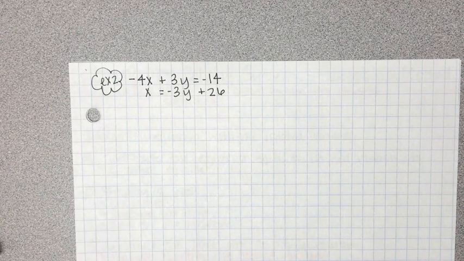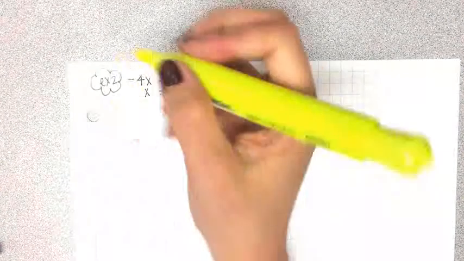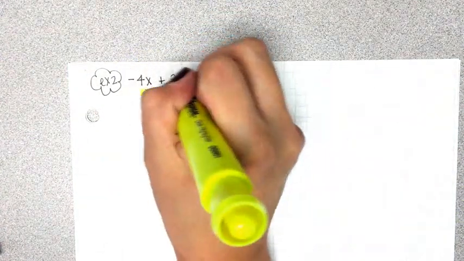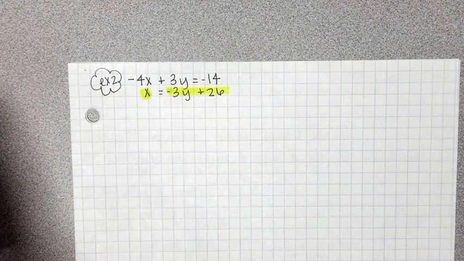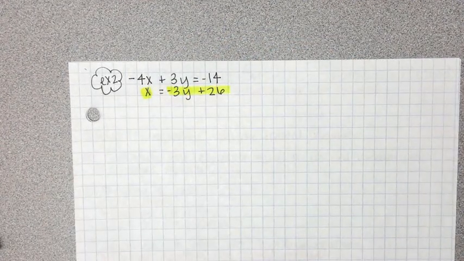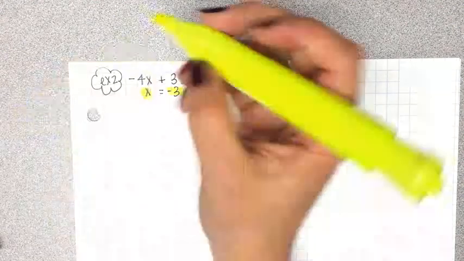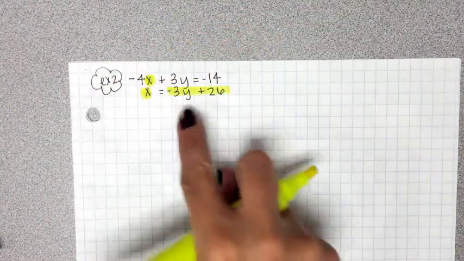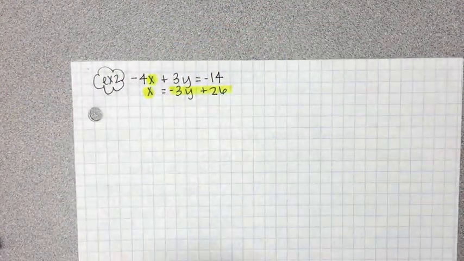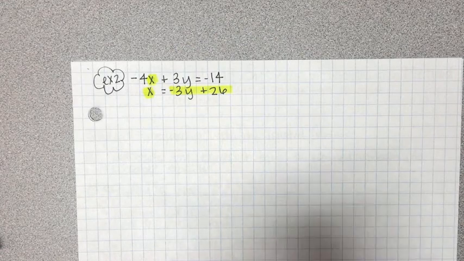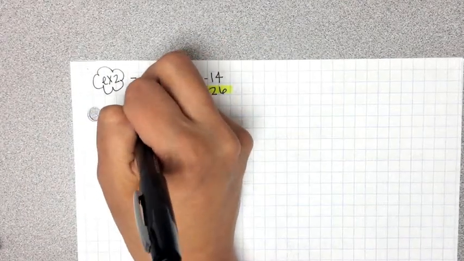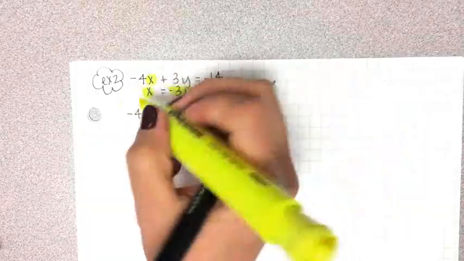So the first thing is to look for the equation with the isolated variable. And here we go. The x is isolated here, which means this is the expression I'll be substituting into my other equation. So where I see the x up here, I'll be putting negative 3y plus 26. So that's negative 4 parentheses.